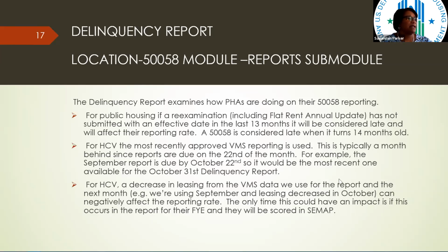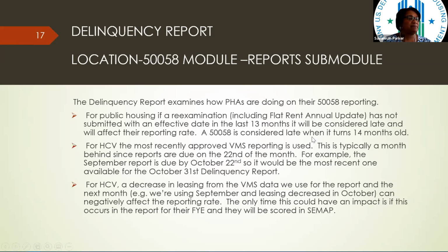And so for public housing, it'll show you 5/8s that have been received, and it'll tell you how many are due. It won't tell you which ones are due, but it will tell you how many are due that are delinquent.